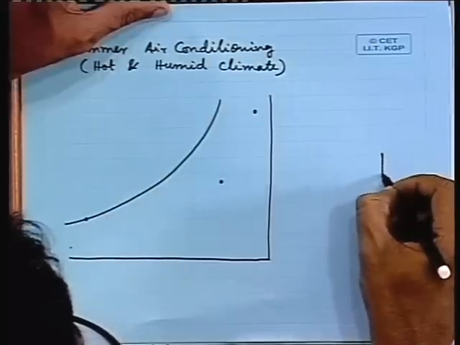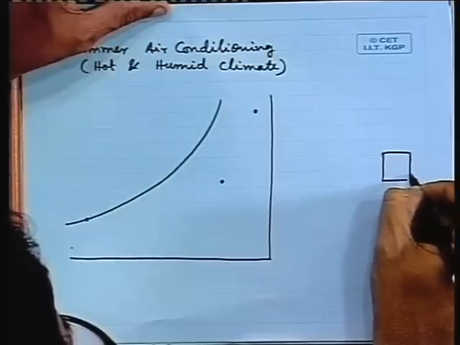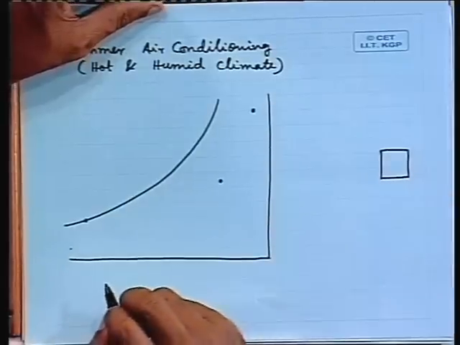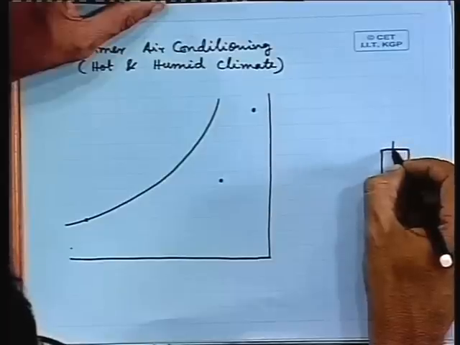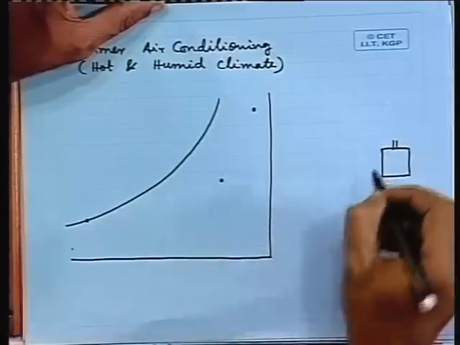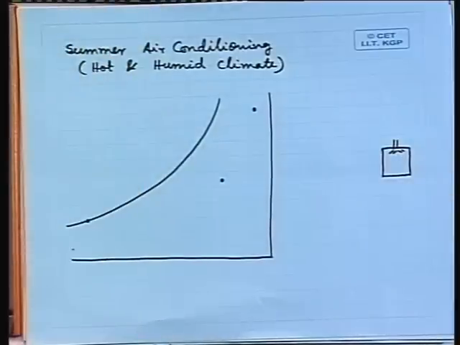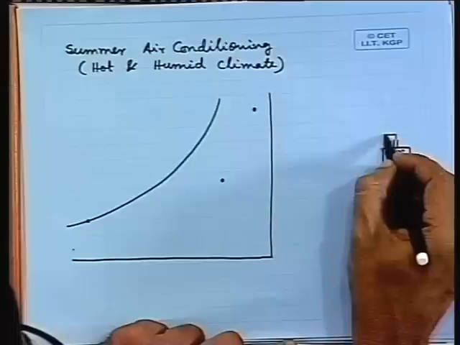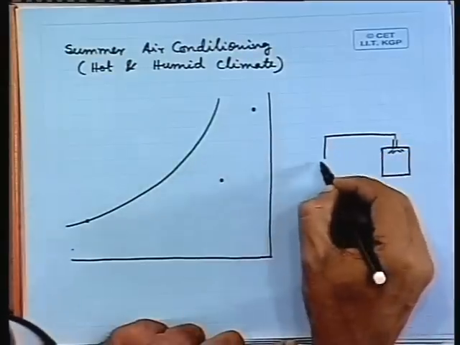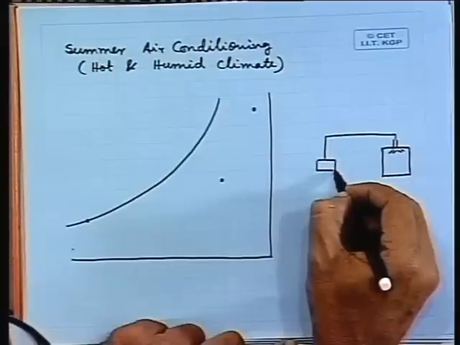We will have a room, this is the room. Now, in the room cold and dry air will be supplied. Obviously, this air has to come from a cooler or cooling and dehumidifying coil.